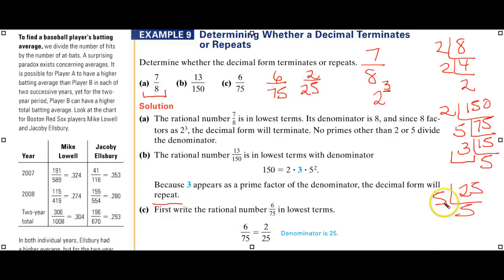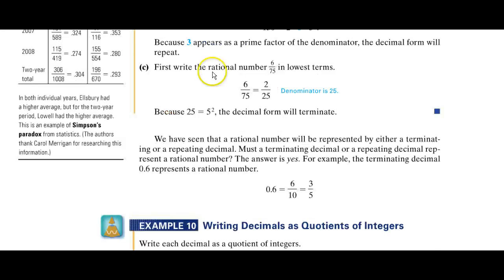Since the prime factorization of the denominator in its simplified form is 5's, it could also have 2's but doesn't, it indicates this will be a terminating fraction. Okay, and we see the answer there.